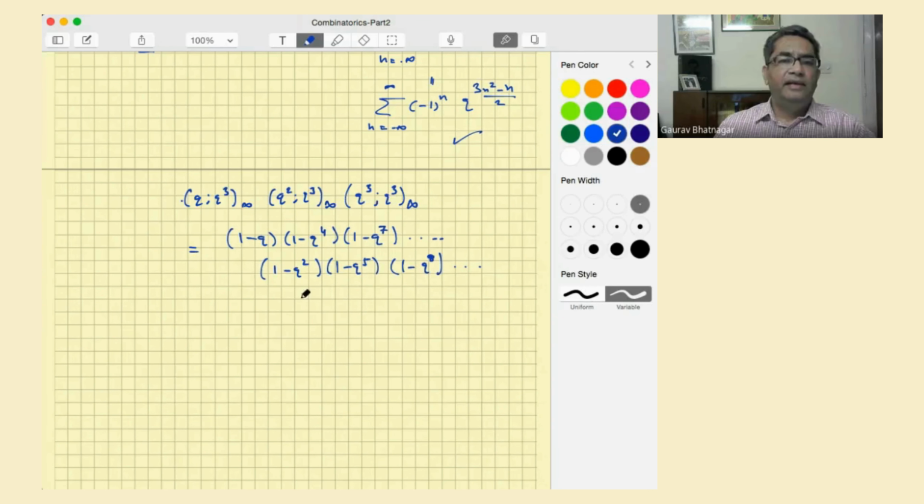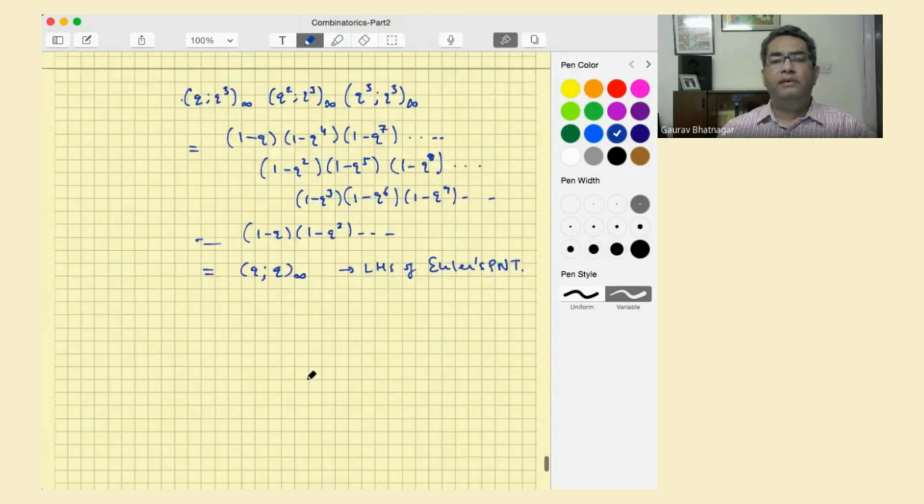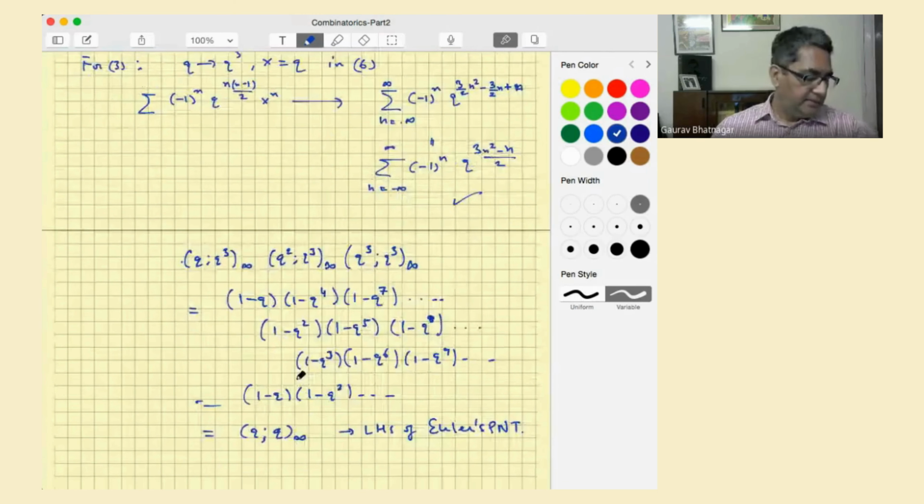And the third guy is 1 minus q cubed, 1 minus q^6, 1 minus q^9, and so on. So ultimately, you get all of them together. So you get 1 minus q, 1 minus q squared, and so on, which is the same as q infinity. So this is the LHS of Euler's pentagonal number theorem. Right?